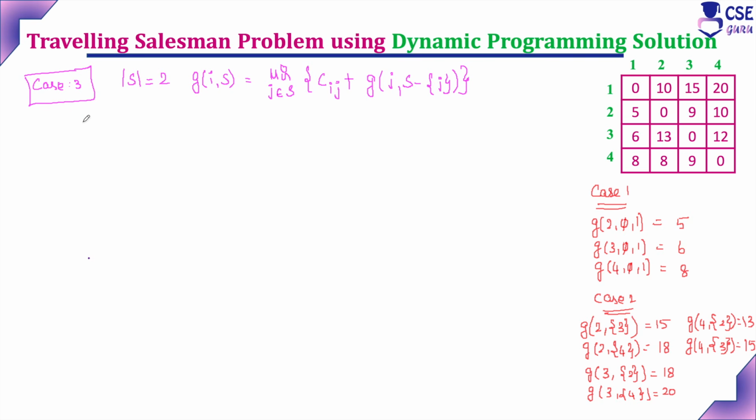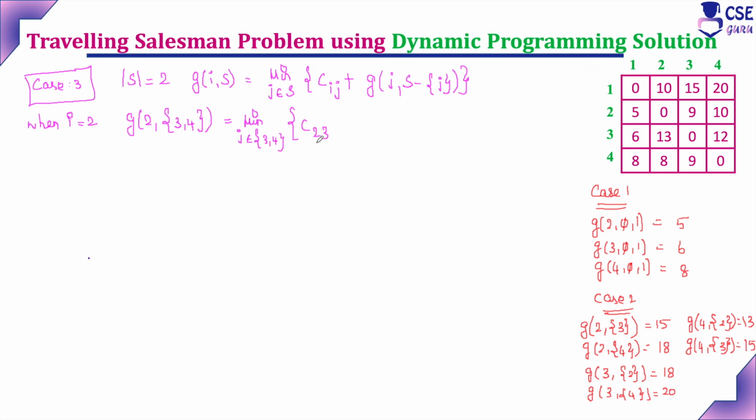In case 3, when I equals 2, that is, the next city you are going to visit is 2. After visiting the second city, there are 2 more cities to be visited. In that case, G of 2, the remaining cities to be visited are 3 and 4. That is, minimum of J belongs to 3, 4.